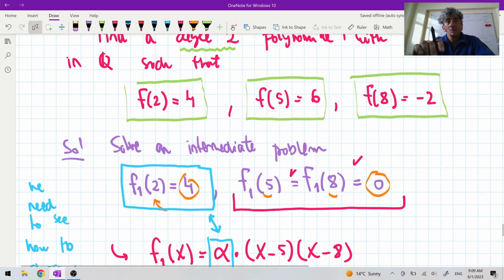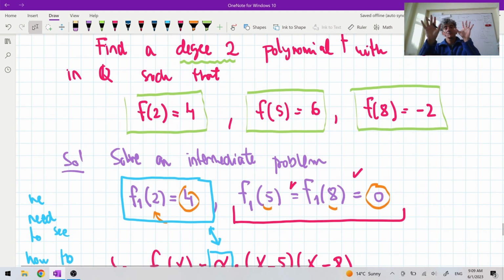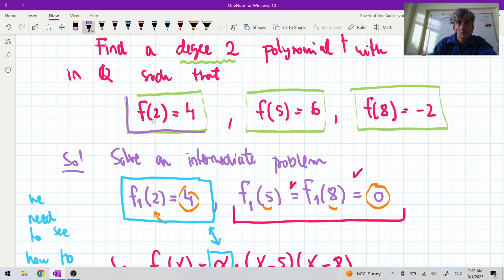So we have solved this kind of masking problem in which we address 2 going to the value 4 and 5 and 8 as roots. So we're going to now turn our attention to finding a different polynomial now with 2 and 8 as roots, and that takes the value 6 when we plug in 5.